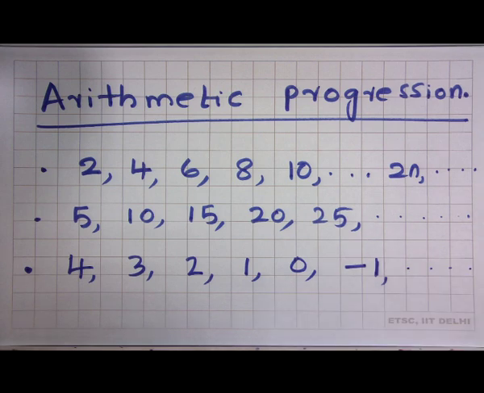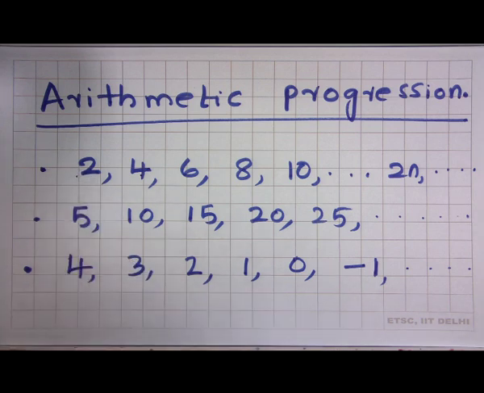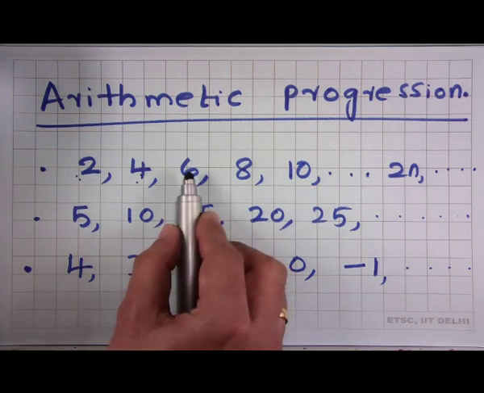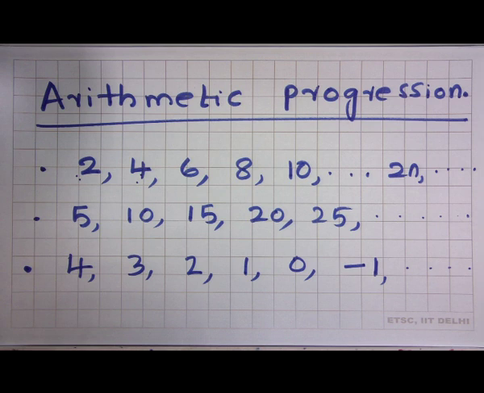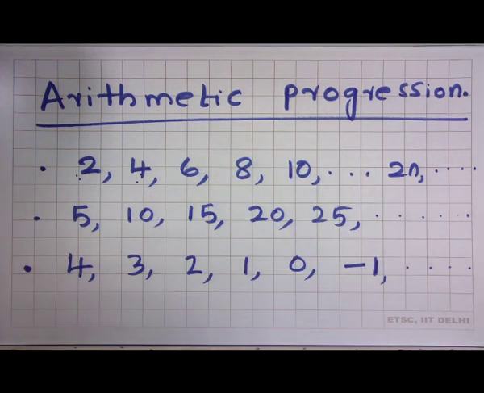If you observe the first sequence and ask how the sequence progresses, we can see that the difference between the second term and the first term, namely 4 and 2, which is 2, is the same as the difference between the third term and the second term, 6 minus 4, which is 2, which is again the same as the difference between the fourth term and the third term.